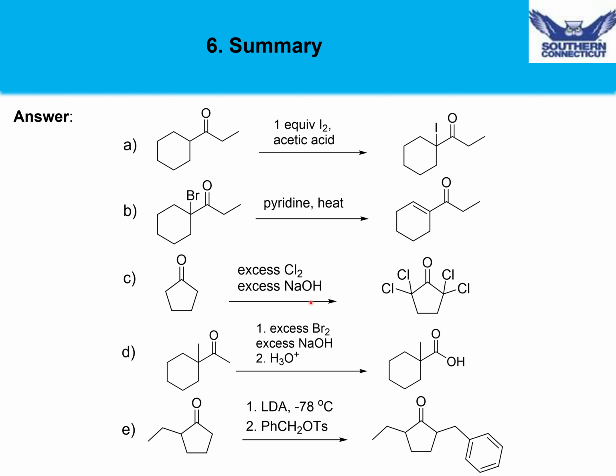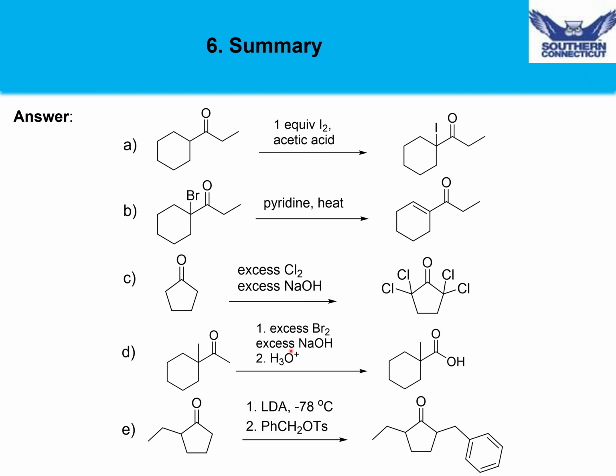We have an excess of chlorine and excess of base. So this would be a base promoted alpha halogenation. So every alpha hydrogen of this ketone will be substituted with a chlorine. So for that reason, we get this as a product.